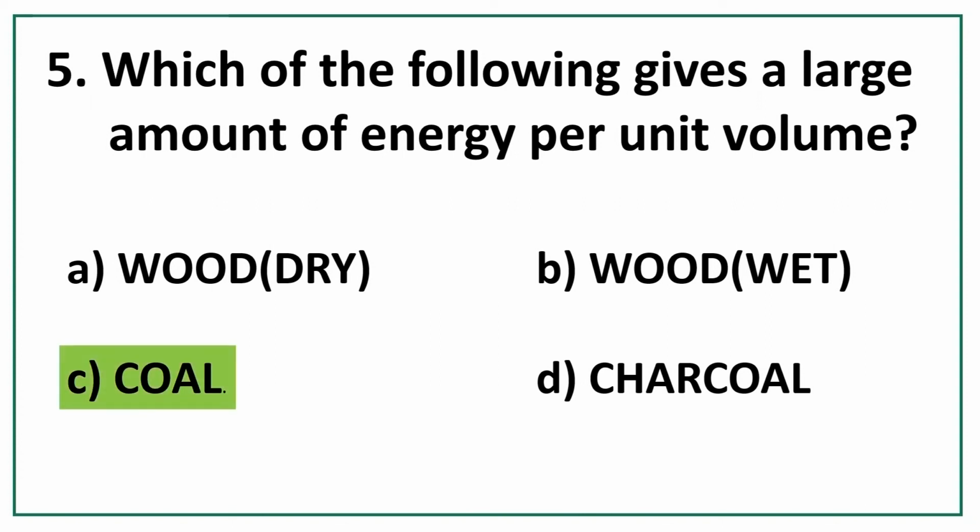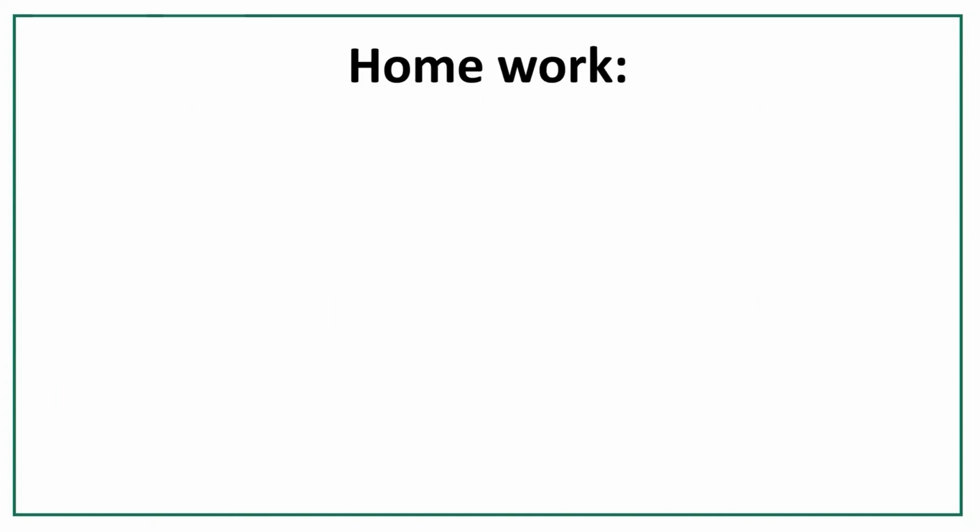The correct answer is coal. Yes, dry wood, wet wood and charcoal, they have less calorific value, whereas coal, being a fossil fuel full of carbon, has high calorific value, therefore, it gives more energy per unit volume or mass. Congratulations to all of you.